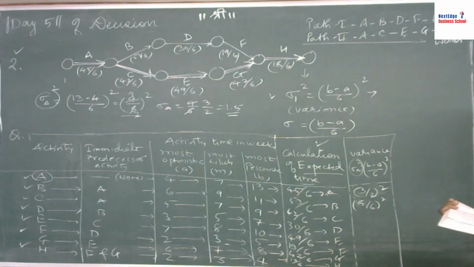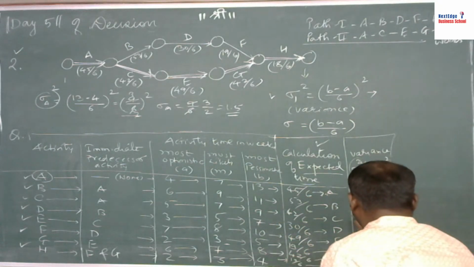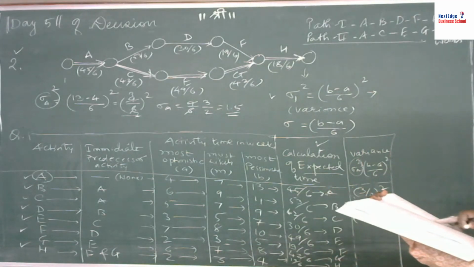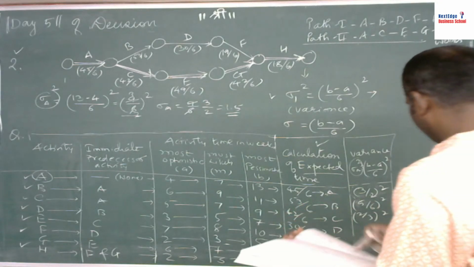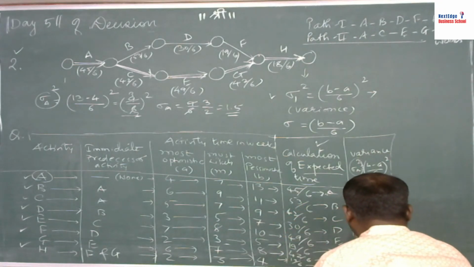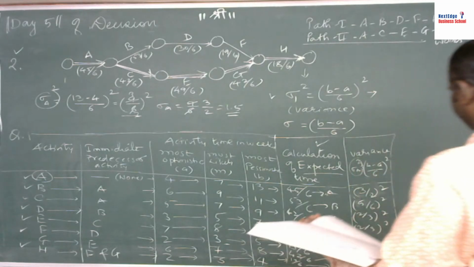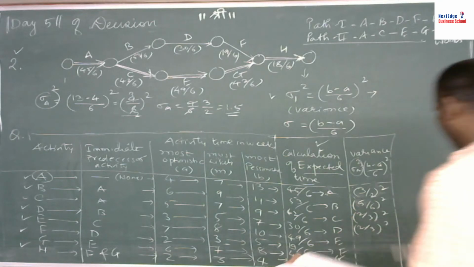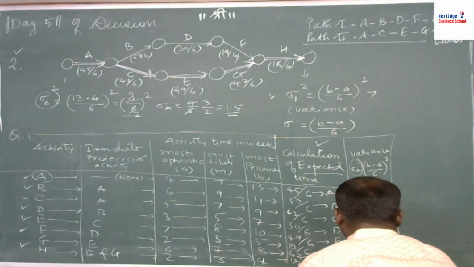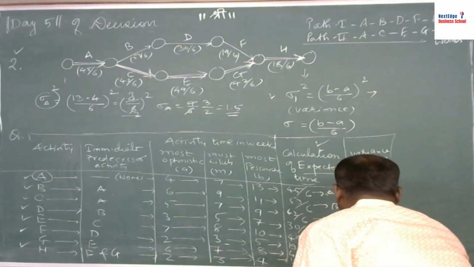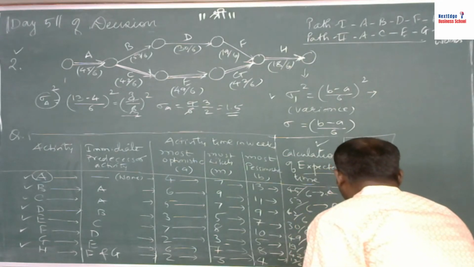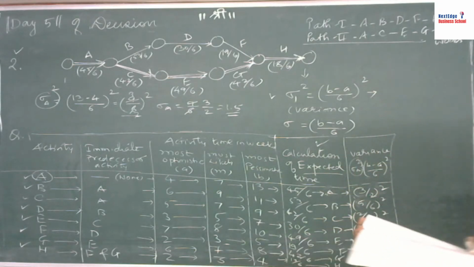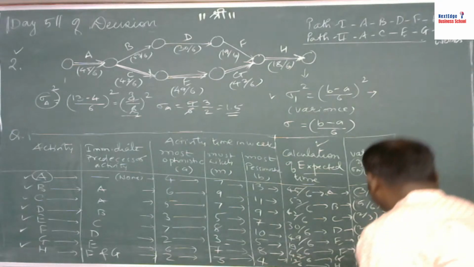C के लिए आएगा 2 by 3 का स्क्वायर. D के लिए आएगा 2 by 3 अगेन, 2 by 3 का स्क्वायर. E के लिए आएगा 1 by 2 का स्क्वायर. ये होगा A के लिए, B के लिए, C के लिए, D, E, F के लिए आएगा 1 by 2 का स्क्वायर.